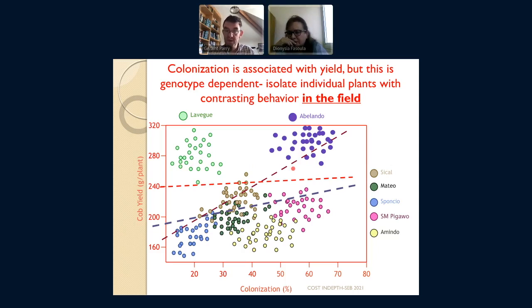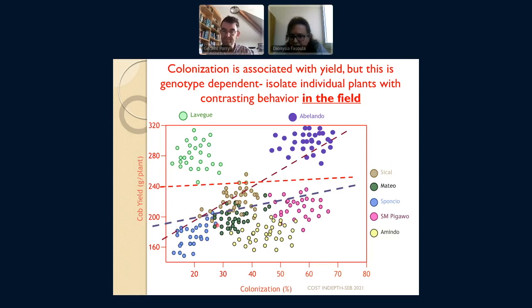I mean, it strikes me that the individual dots there are all nicely packed to show that the variation across the field is not so great within a single genotype. Well, see here, for example, this plant has low colonization and low yield, but in the same variety there is another plant that has higher colonization and higher yield.